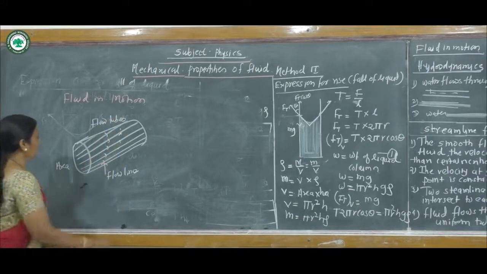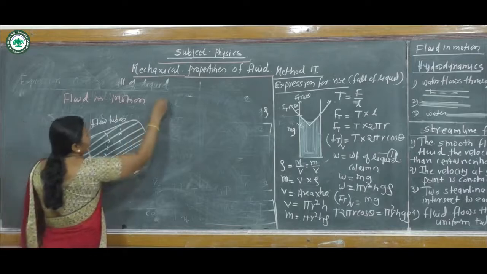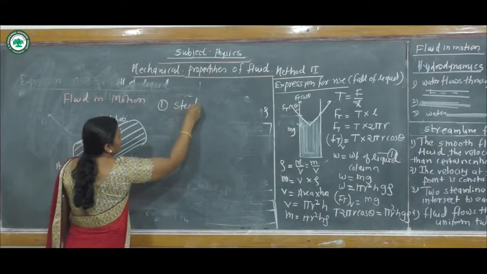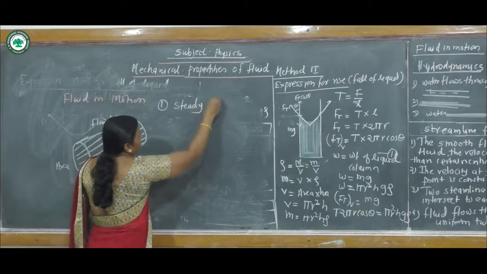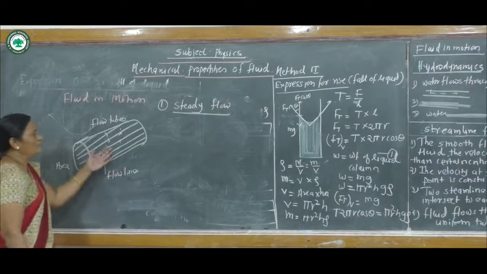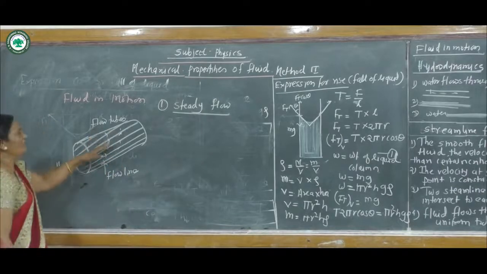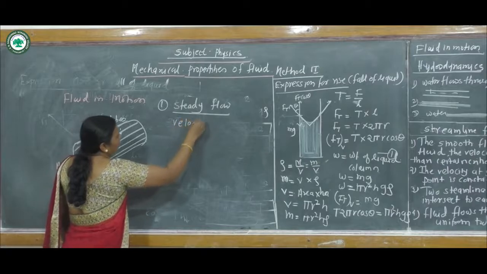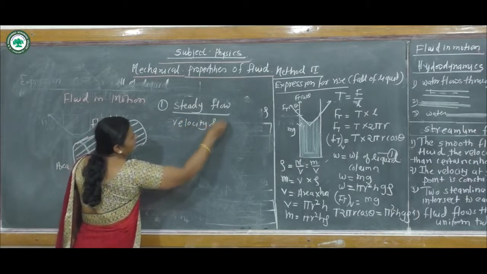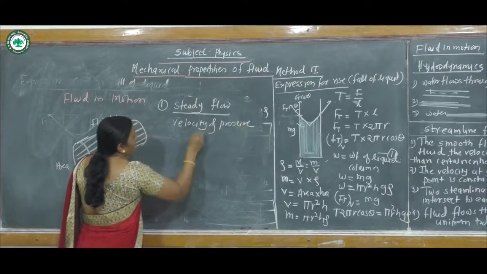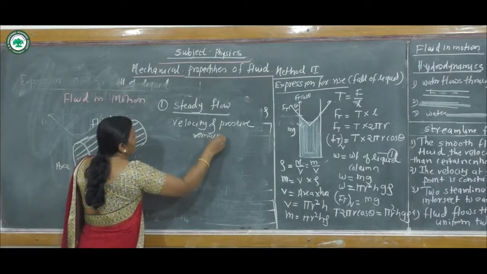First, steady flow. We see some definitions. What is steady flow? In steady flow, the velocity and pressure remain constant at every point.